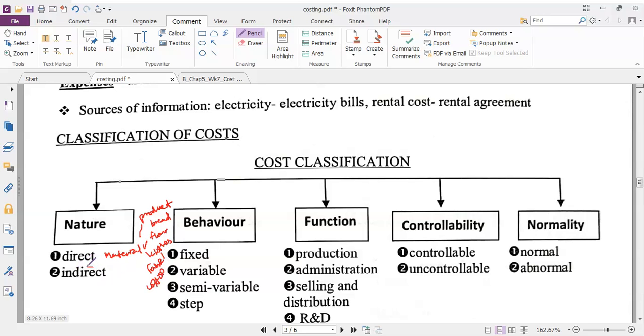How about indirect? The material is also used in the production, but we can replace that material with other material. For example, if we want to produce bread, what is the indirect material? Such as butter. We can make bread without butter, right?